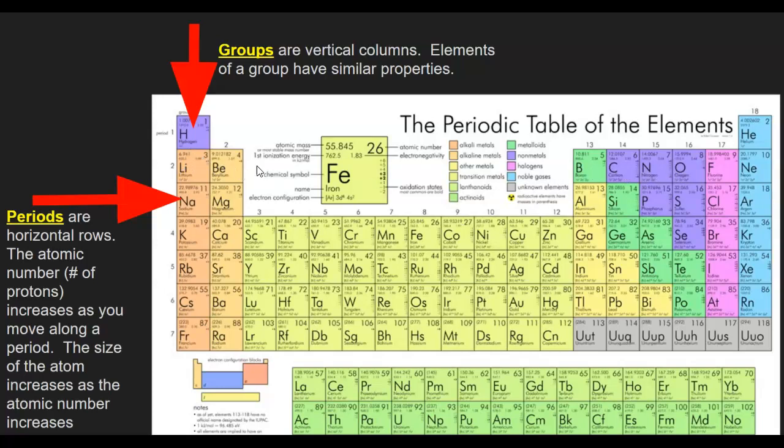So as you go along a period, you will see increasing atomic number. You'll also see an increasing atomic mass because obviously there are more subatomic particles. So this one's got an atomic mass of 18.9. This one has an atomic mass of 20.1, and so on. So as we go along this way, we get increasing atomic number and increasing atomic mass.